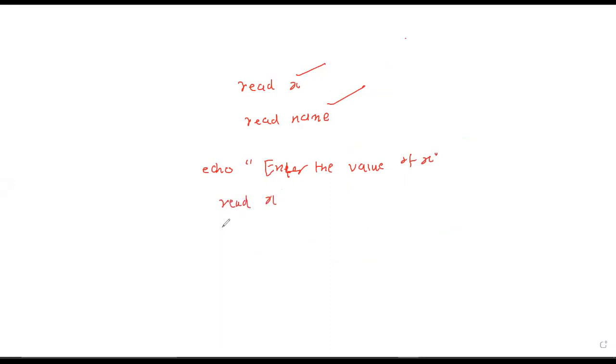In order to print the value of x, again we have echo the value of x is, then the dollar symbol, and x. After running, the terminal asks to enter the value of x, then we enter it. Then we have this result, the value of x is $x, and whatever the value of x is, this acts as a variable.